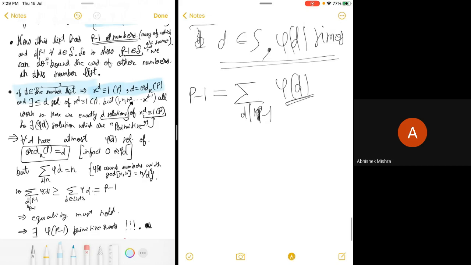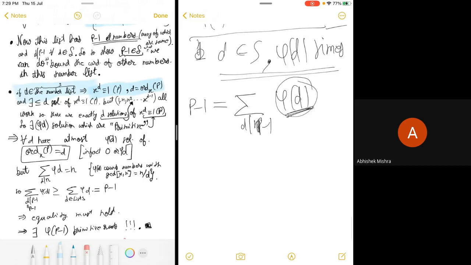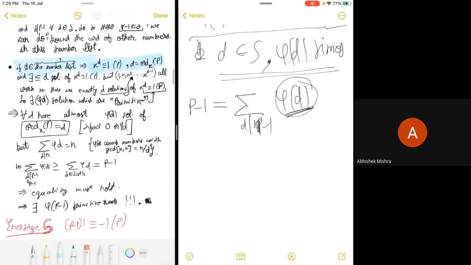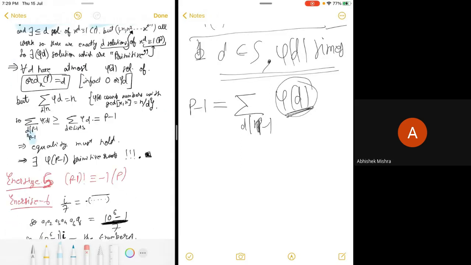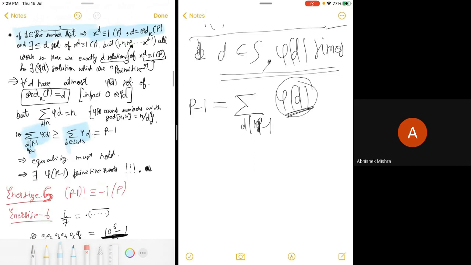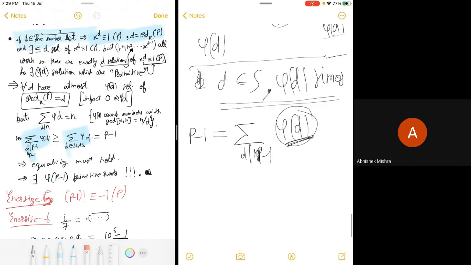Every d has exactly these many solutions. This is because p minus 1 is equal to this summation, which is greater or equal to the summation of phi of d where d belongs to the list. Notice that if d belongs to the list, then it belongs exactly phi of d many times, which is exactly equal to p minus 1, because the cardinality of the list is p minus 1.